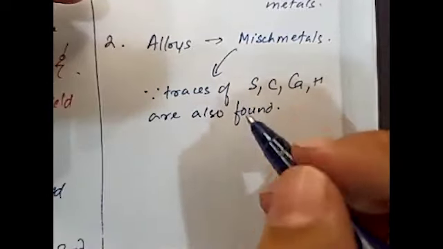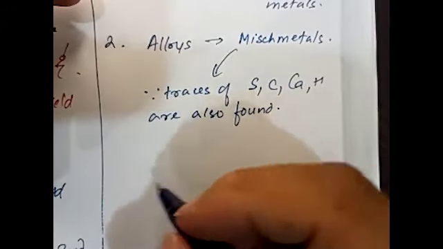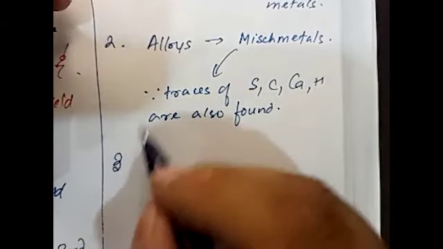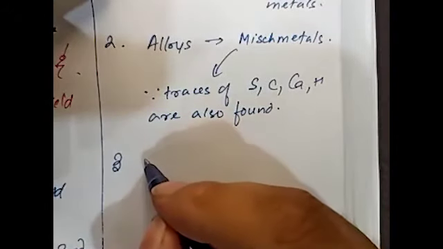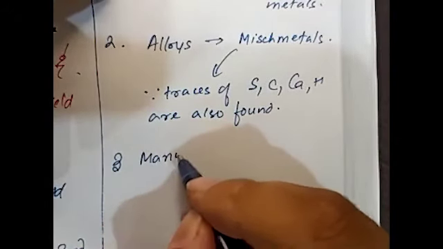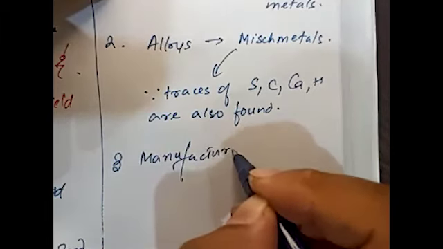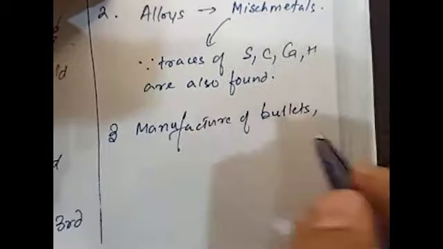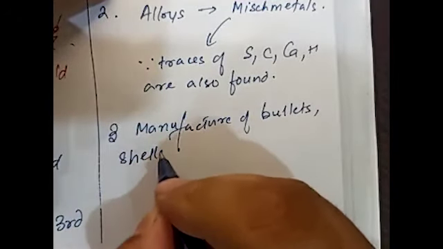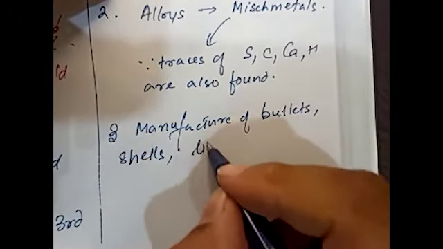So where is lanthanoid elements used? It is used for manufacture of bullets, shells, lighter flints.